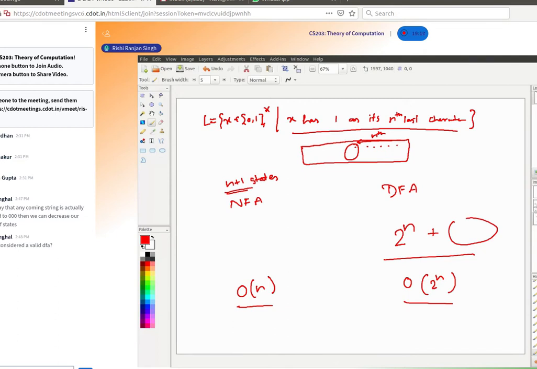And you just have to check whether there is any counter string or not. If not, certainly your DFA is for the language. So it is correct. So there can be different possible DFAs. So my question is, can there exist a DFA with less than 8 number of states for the previous language, or in this case, less than 2 to the power n number of states? Any wild guesses or anything?